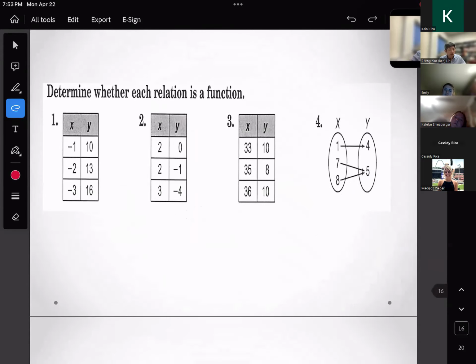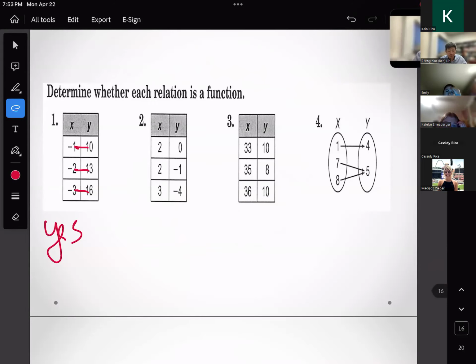Okay, tell me which one is a function. Take a minute. Number 1, yes or no? Yes. Number 2, yes or no?